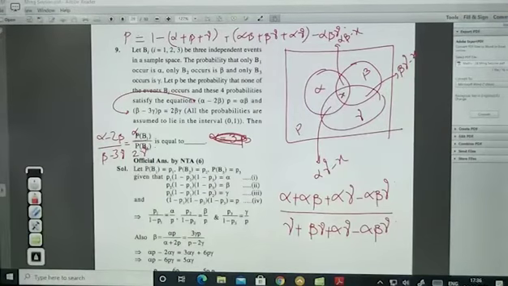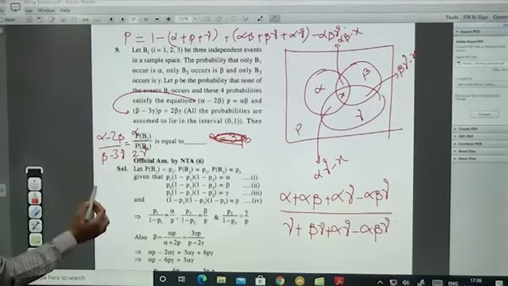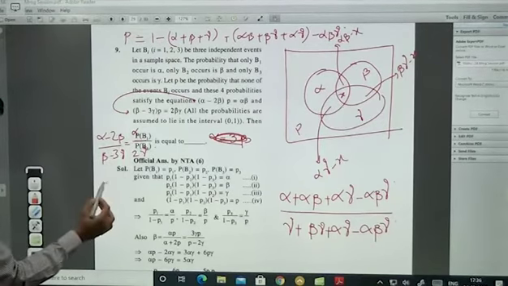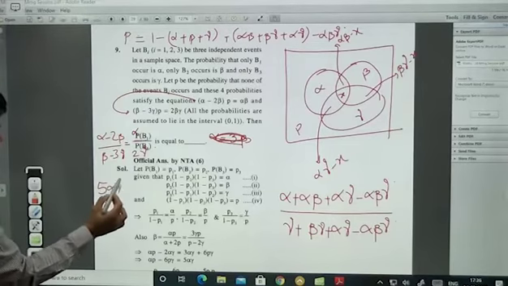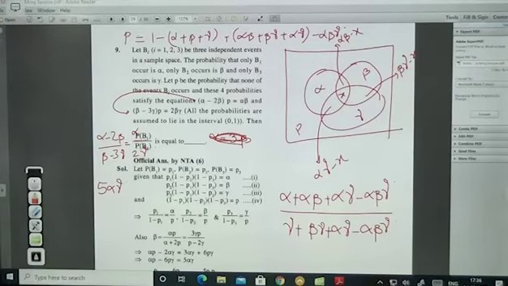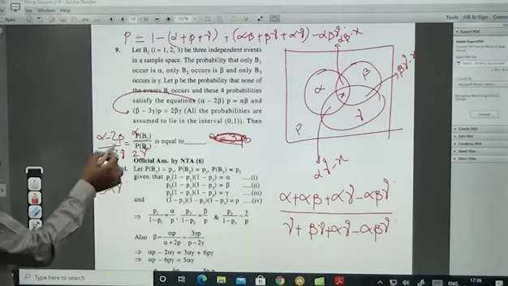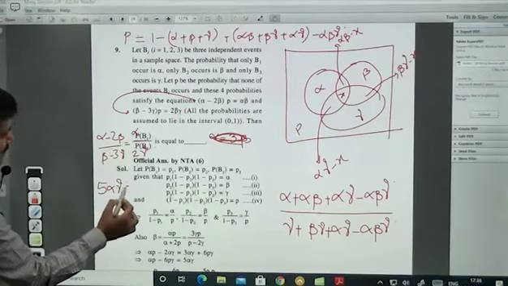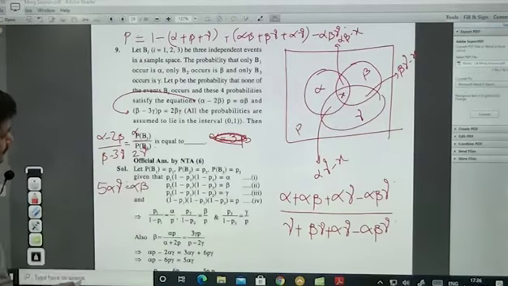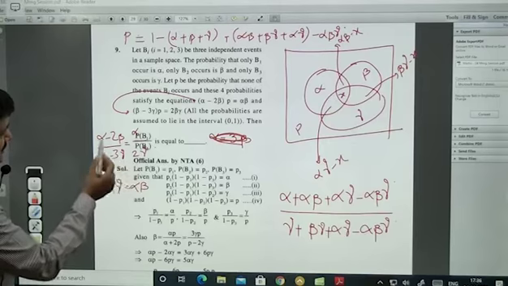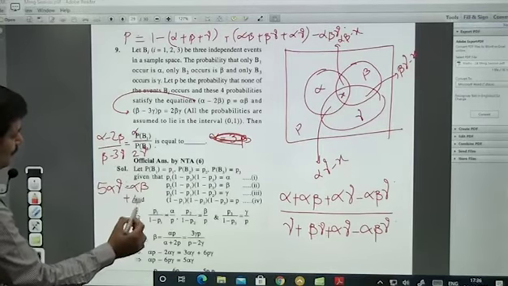If I cross multiply, 2 alpha gamma minus 3 alpha gamma, if I take it to the other side, 5 alpha gamma is equal to alpha beta plus 4 gamma beta.